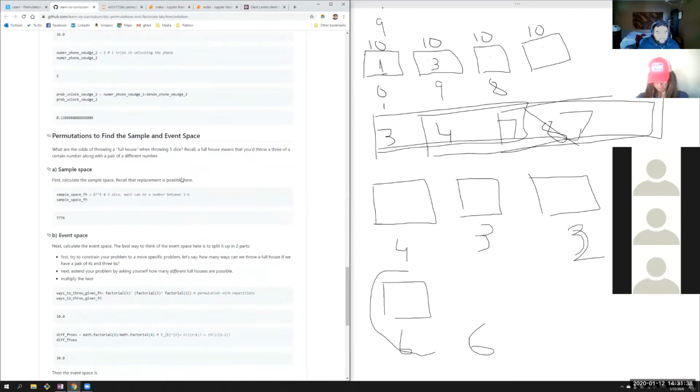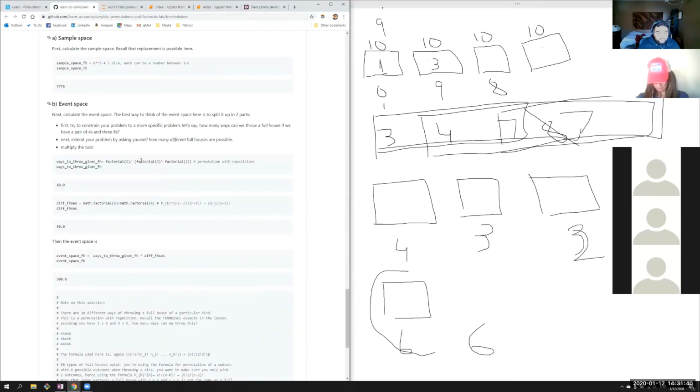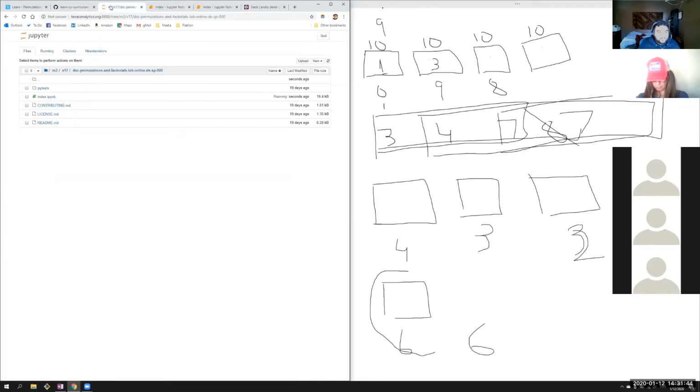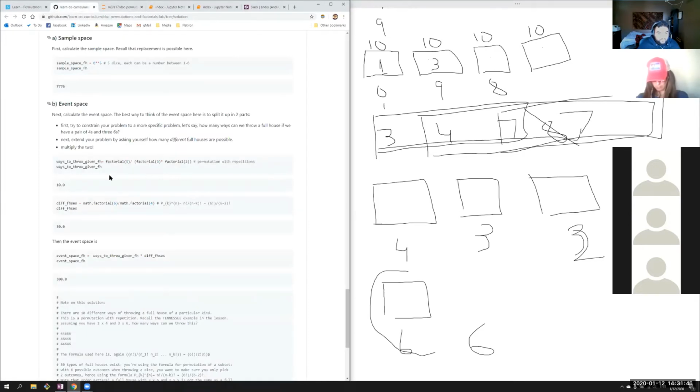Let's not look at mine. Yeah, they're saying the same. I think I copy pasted them, probably. Yeah, ways to throw a given full house: a pair of 4s and 3 6s.